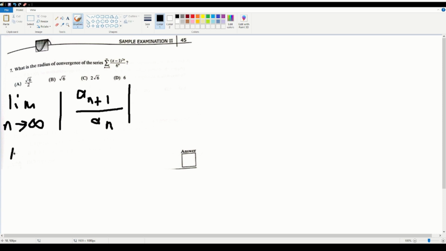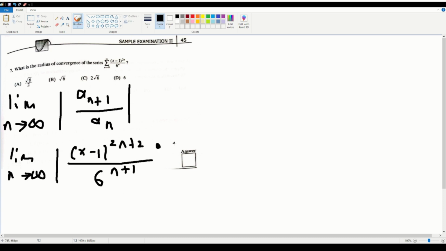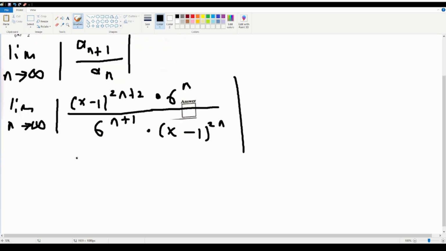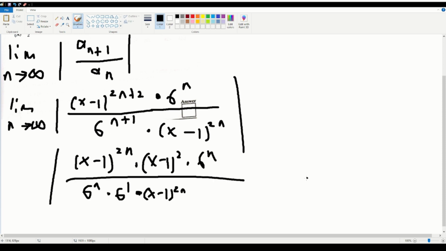So we can just plug in. Now, using some simple algebra, we can break it up. Now you can see that some things cancel out. The x minus 1 to the 2n cancels out. The 6 to the n cancels out, and you're left with this.